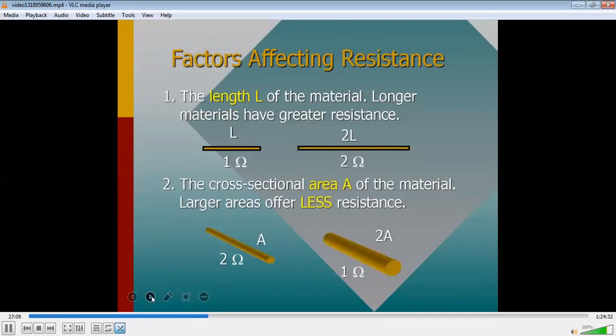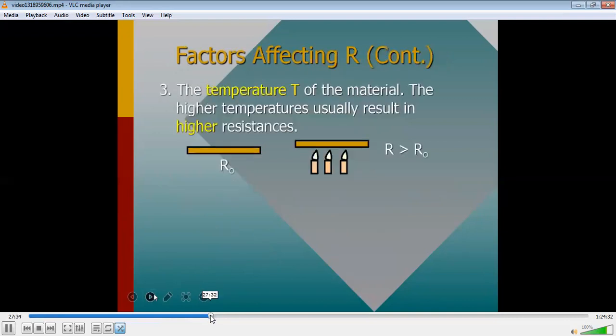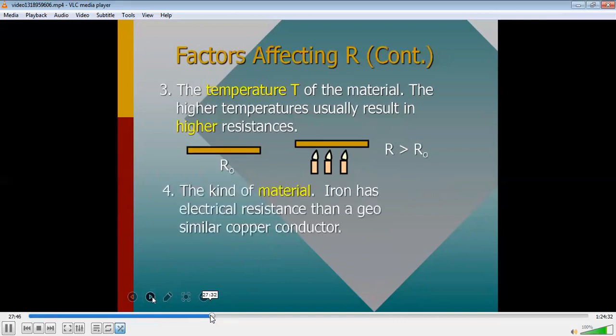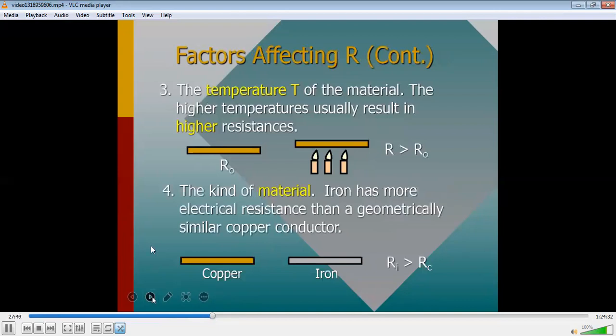Now, number 3, the temperature T of the material: a higher temperature usually results in higher resistance. You have to remember, if the original resistance of a wire is R naught, then if we give heat with a candle to the wire, the resistance will be higher than the original resistance.